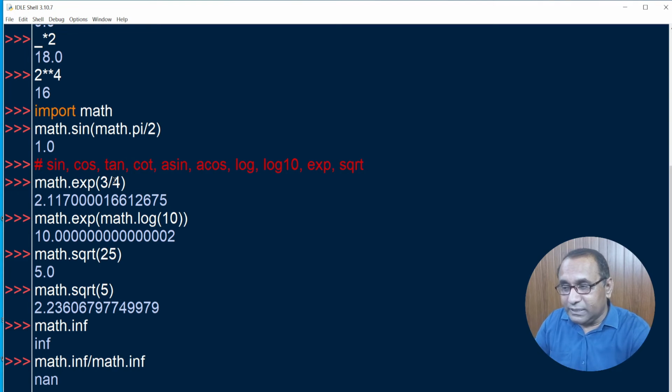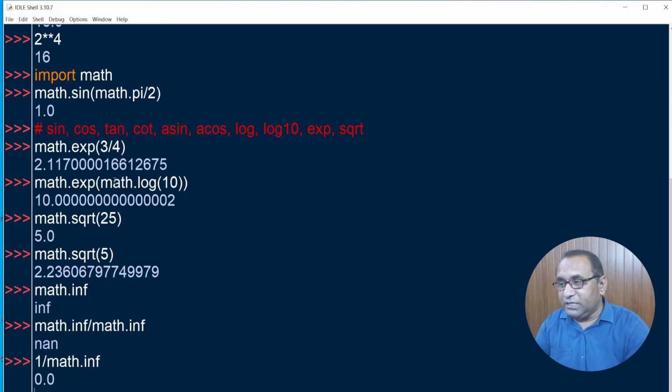So this is the indeterminate form, so we have not a number. If you want to calculate 1 upon infinity, we write the statement in this way: 1 upon math dot inf, and when you enter, we know 1 upon infinity is equal to 0.